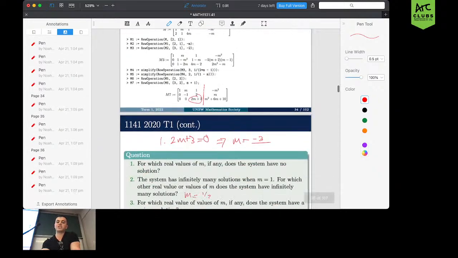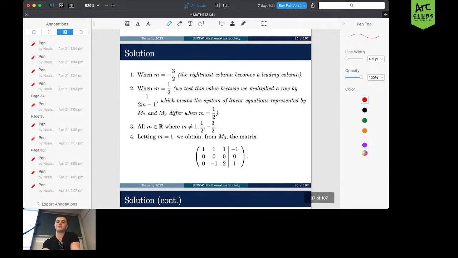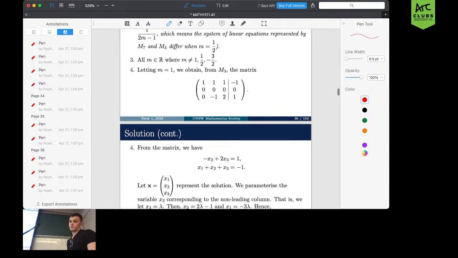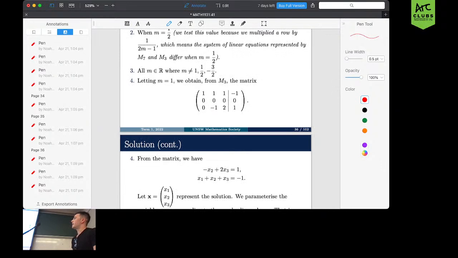You're going to get a matrix that looks like this, just subbing m equals 1 into matrix 3. And you'll notice that this isn't actually in row echelon form yet. So we have to convert it into row echelon form. You could just swap row 3 and row 2, and that way the number of zeros will increase as you go down a row.